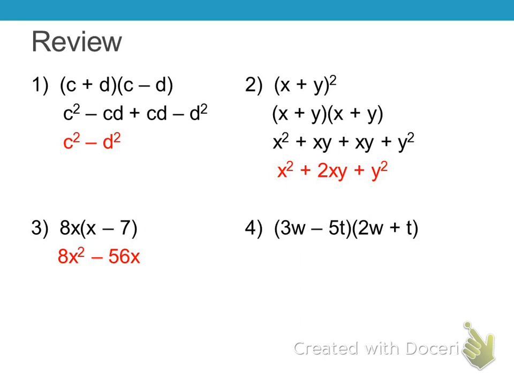All right, next one you just distribute. That's a single distribute problem. So 8x times x is 8x squared. 8x times negative 7 gives us the minus 56x. And then what would happen on number 4? Another double distribute. So 3w times 2w would be 6w squared.